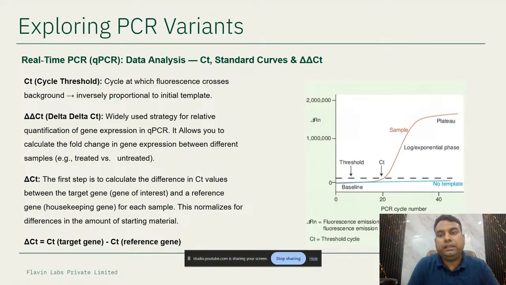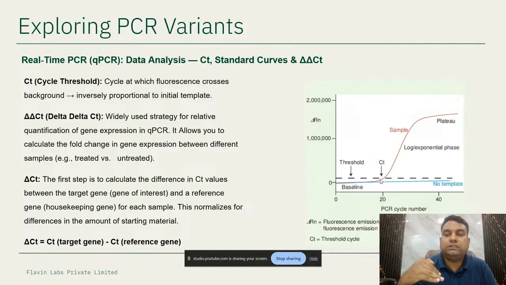In real-time PCR, we have to do data analysis with the help of software, and for that purpose we have to understand some terms which are very common for real-time PCR. First term is CT or cycle threshold. What does it denote? The cycle at which fluorescence crosses the background. As you can see in the image, there is a red line, and the dotted line is your threshold line, that is your baseline.